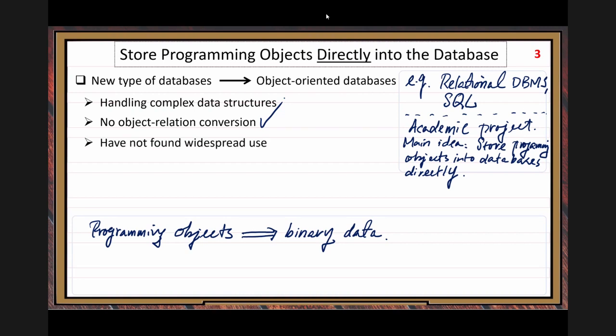Then when they tried to sell this idea to the business world, nobody bought it. Nobody in the business world liked this idea, because it's not very convenient. People in the business world want to view their data frequently.